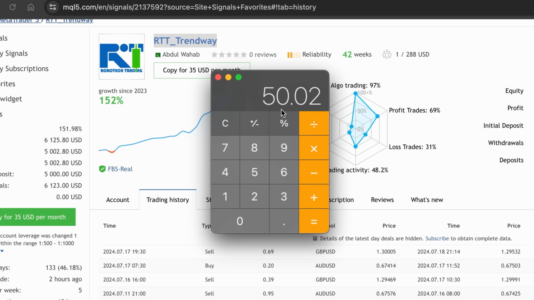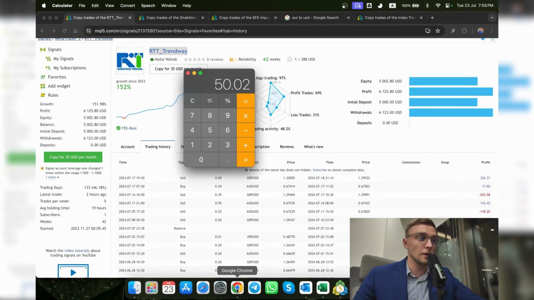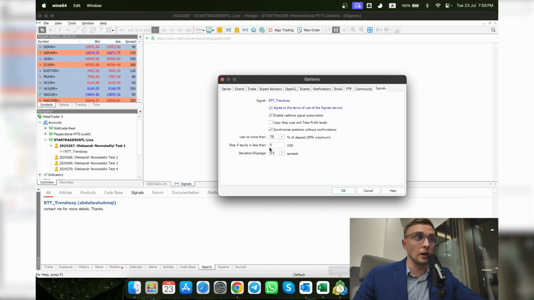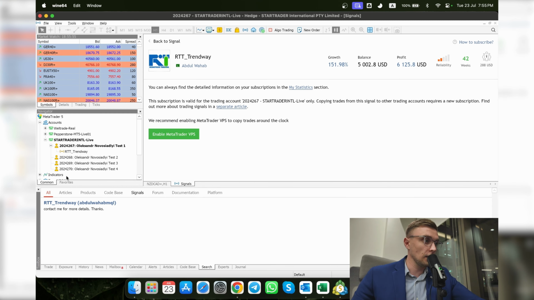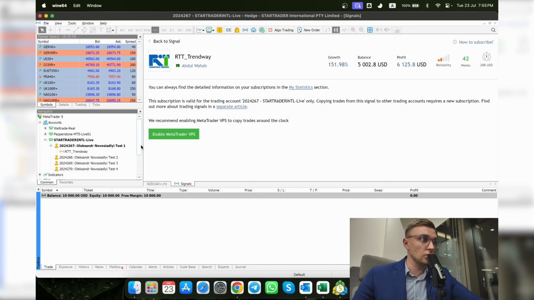We have right now 50. If I want all my trades to have almost the same volume, I will put 52%, and okay, you see, it's already connected and there are no trades.